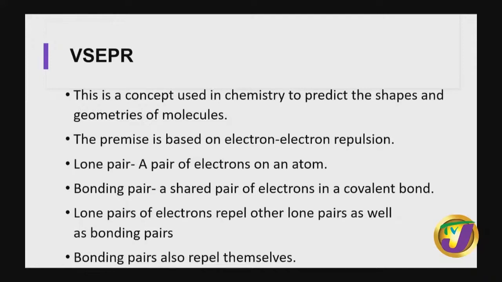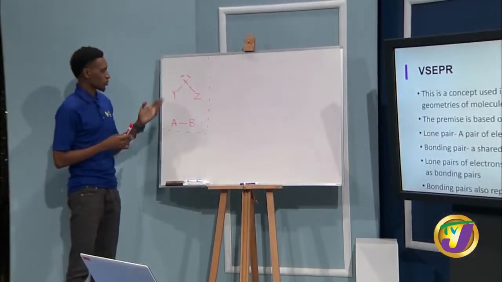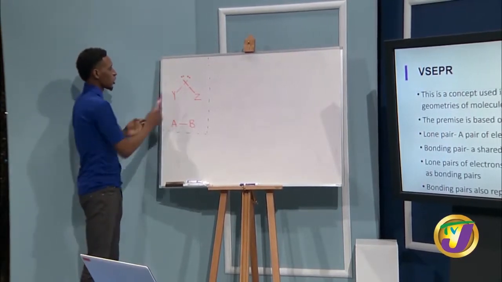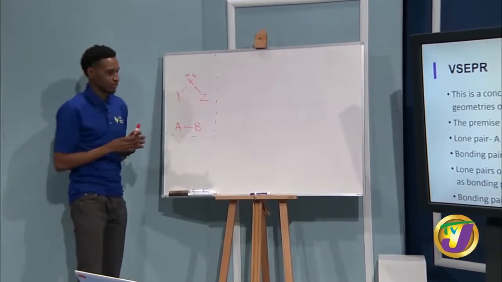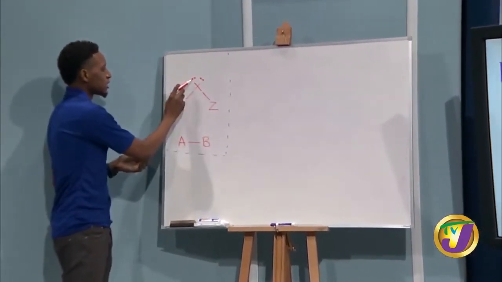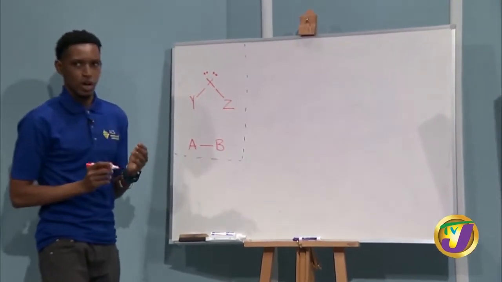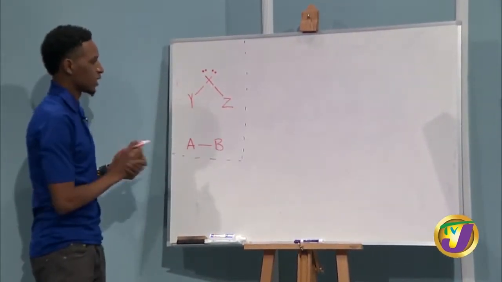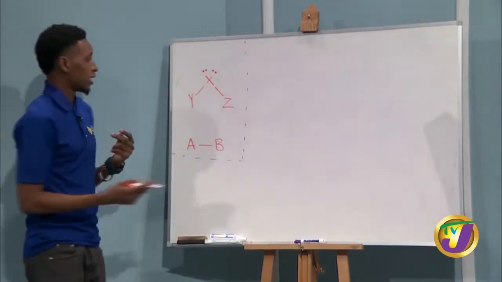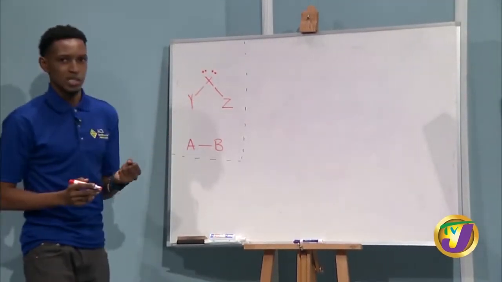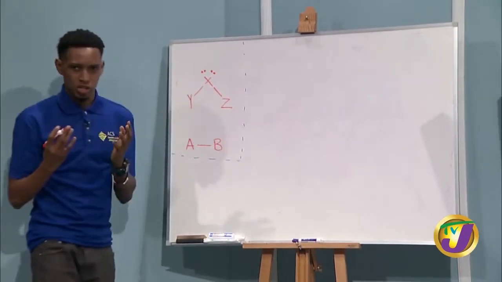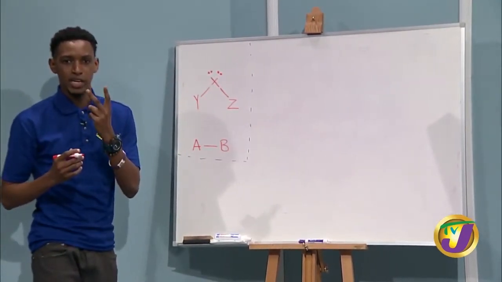Now let's move to the board for you to clearly see what I mean by a lone pair versus a bonding pair. With this molecule here, which is just a molecule that I made up, a molecule XYZ, you can see that X has two lone pairs of electrons sitting on top of it. X also has two bonds. X is bonded to Y and X is bonded to Z. We know that electrons make up bonds. Each bond has two electrons in it.